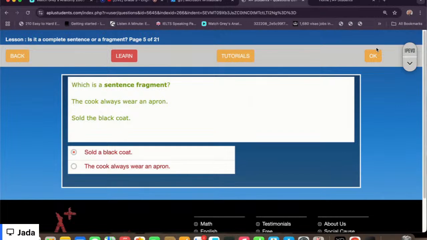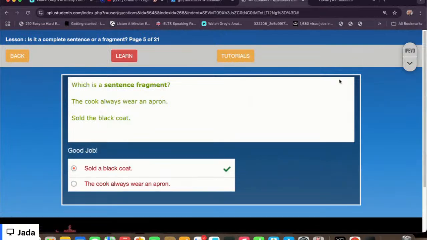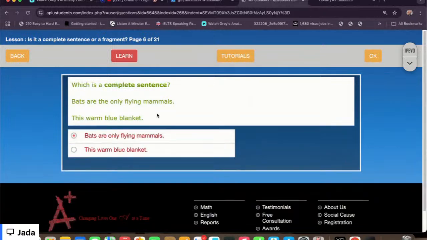Okay, so this one. Okay, sentence fragment. Okay, moving on. Complete sentence: "Bats are the only flying mammals" or "The warm blue blankets."